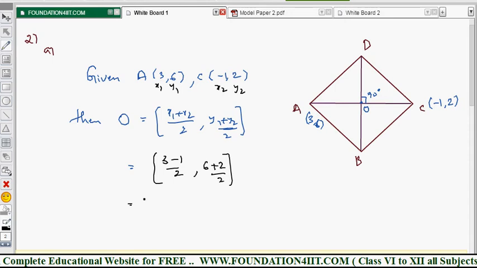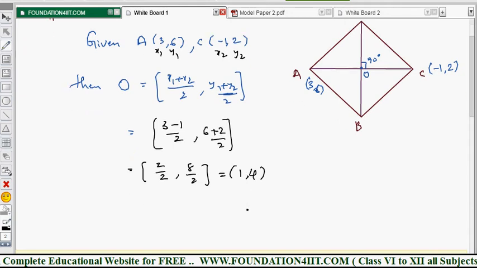Simplify: 2 by 2 comma 8 by 2, so that is (1, 4). Now this is the midpoint O.